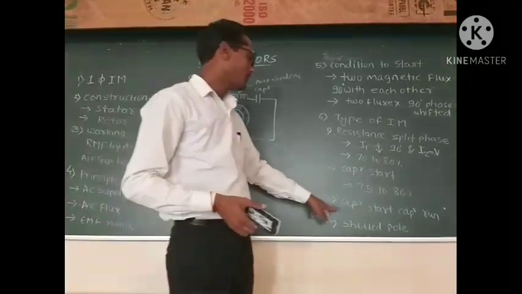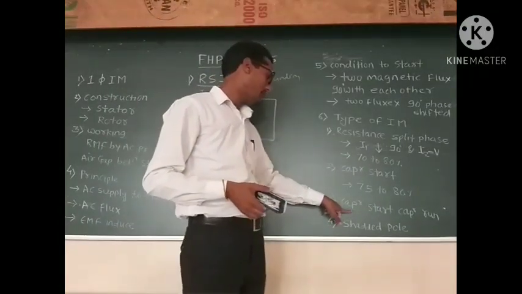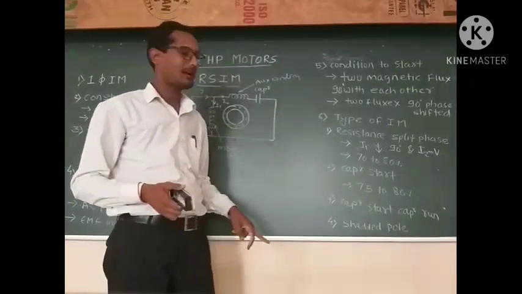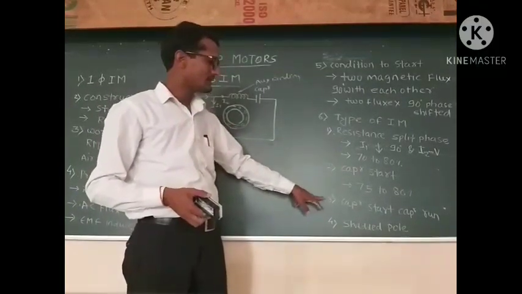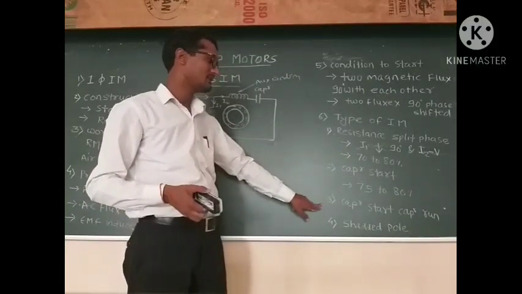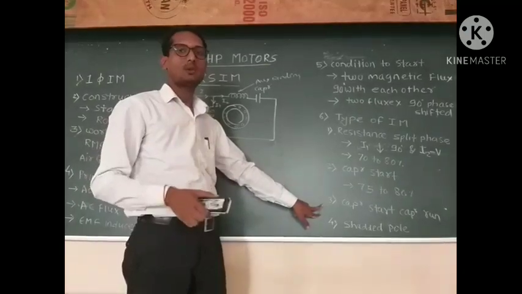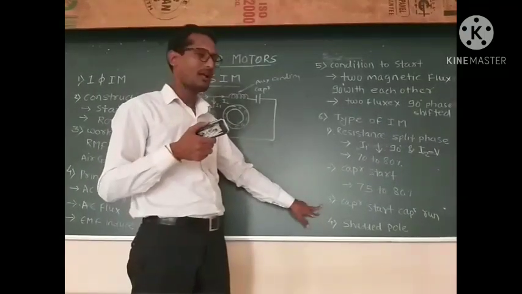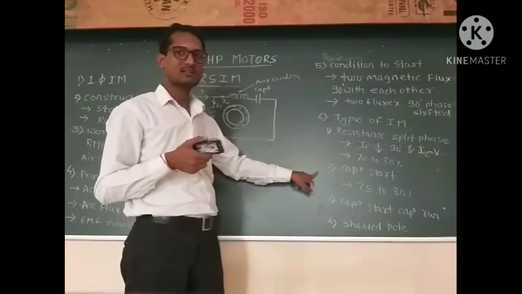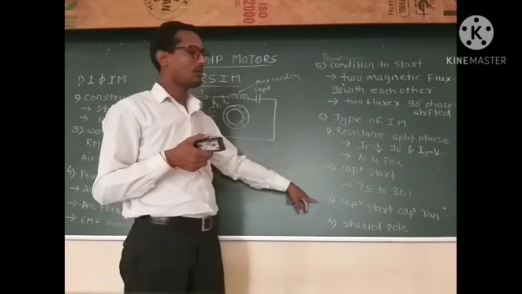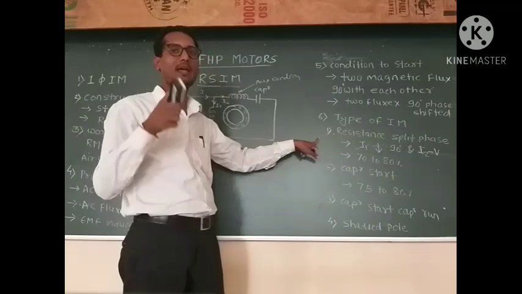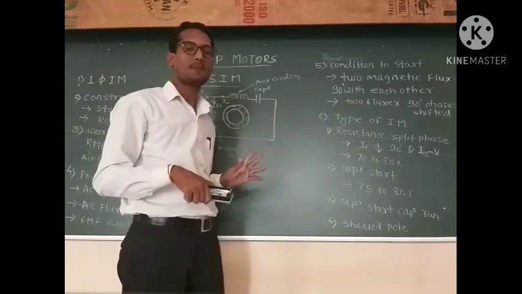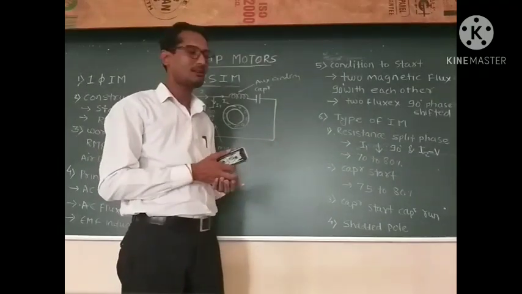So the main advantage of this type of motor is that here a permanent capacitor is present. Because of that, the power factor is very much improved as compared to the capacitor start induction motor and the resistance split phase induction motor.